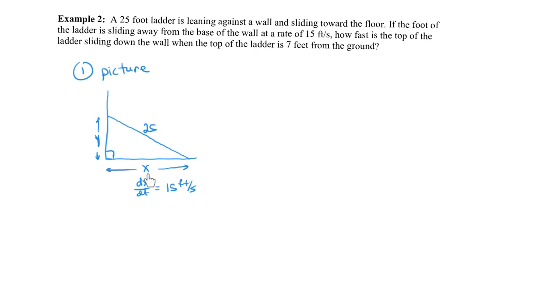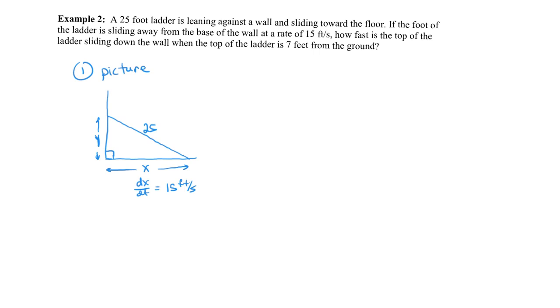This x is changing with respect to time at the rate of 15 feet per second, because this end of the ladder is sliding over here as the other end slides straight down the wall. So for the picture, just write down everything you think is relevant. You can always add things later, but I think this is good for now.